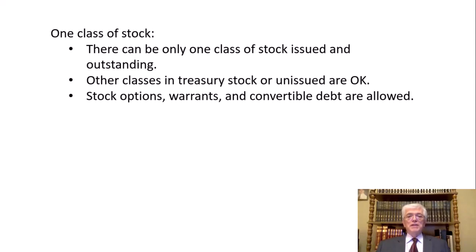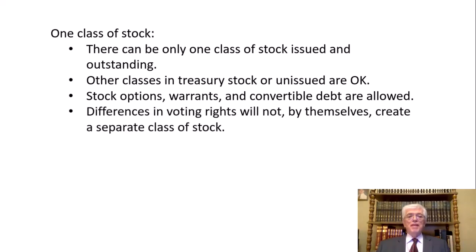You've got to make sure that convertible debt is not convertible into a disallowed class of stock, or some debt holder is going to convert it and suddenly your S corporation isn't an S corporation anymore. So watch out for that. Or for options to buy a second class of stock. That also could get you in trouble if somebody exercises the option. Differences in voting rights will not by themselves create a separate class of stock. Again, subchapter S doesn't care about voting rights.